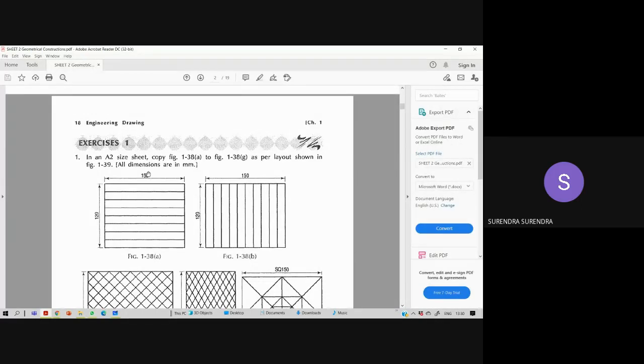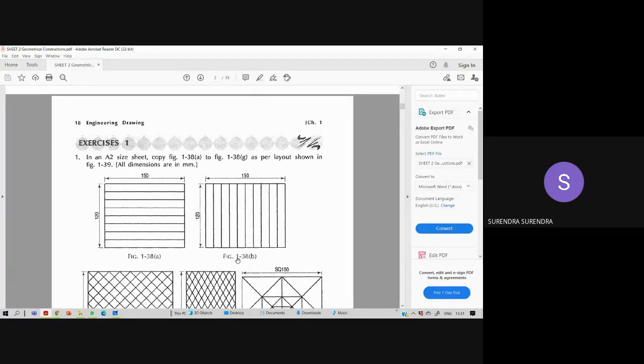There is no specific sequence of steps. Just first construct a rectangle of width 150 mm, height 120 mm, and then draw horizontal parallel lines at every 20 mm.